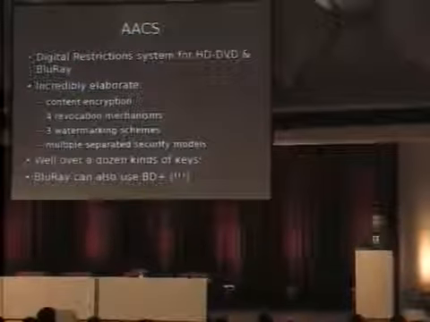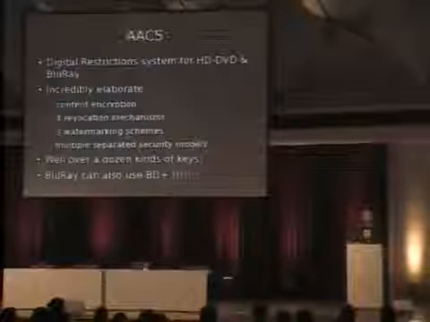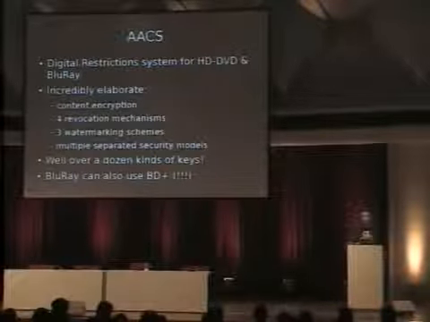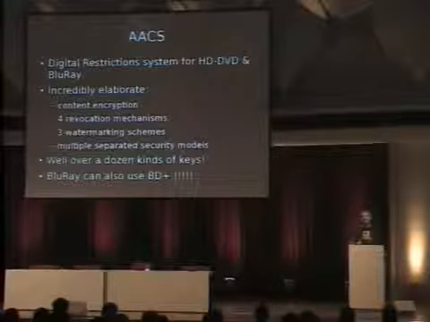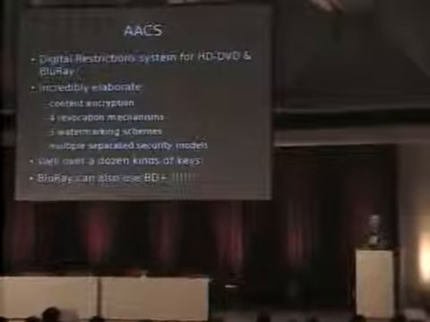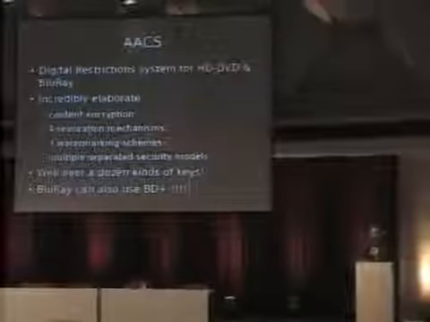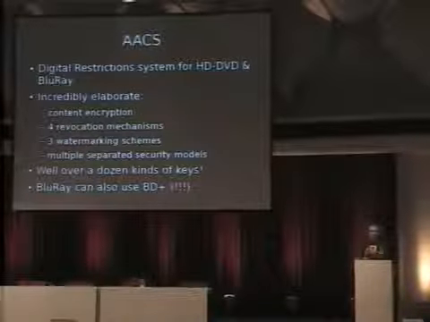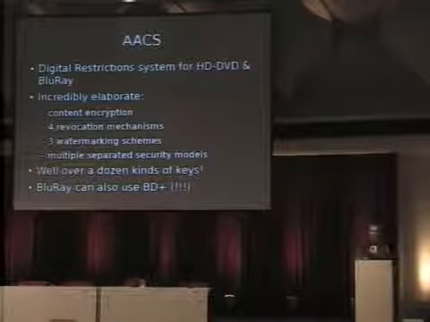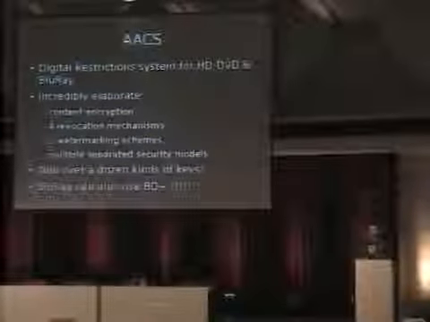HD DVD and Blu-ray both use this DRM system. It should be noted that Blu-ray also uses potentially a second DRM system called BD+, which is beyond the scope of the talk that I'm going to give today. It's a whole other thing to talk about. But HD DVD definitely uses AACS all of the time. Well, it doesn't have to use it, but all of Hollywood's content is using it.